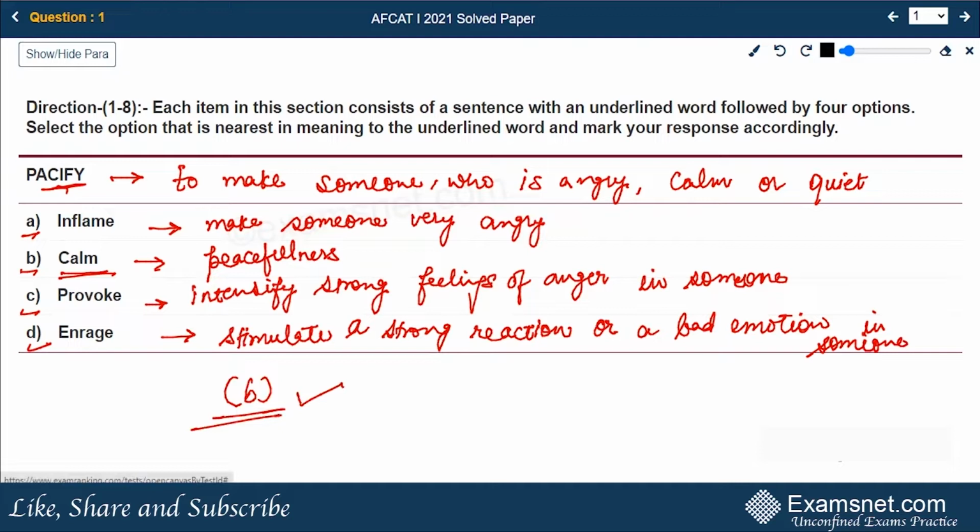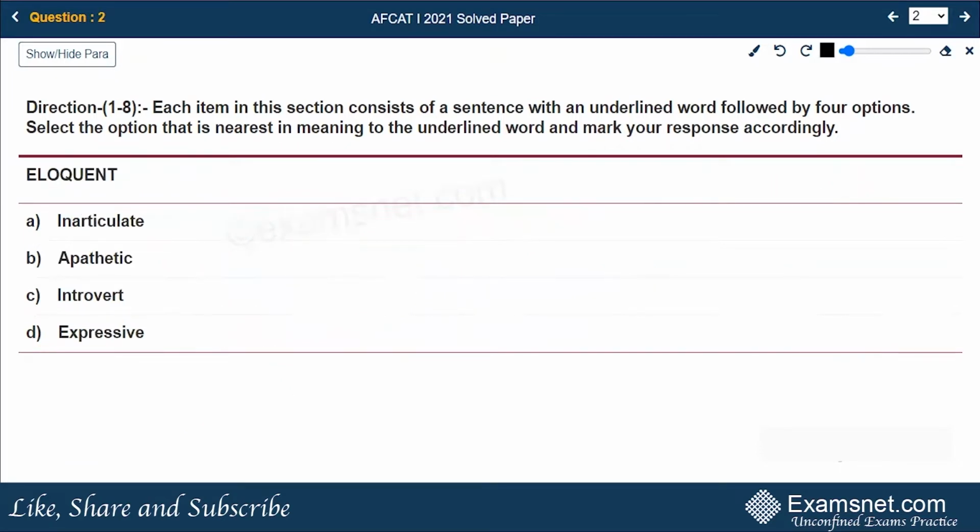Next, question number 2. Eloquent, inarticulate, pathetic, introvert, expressive. Let's discuss the meaning of each of them one by one.